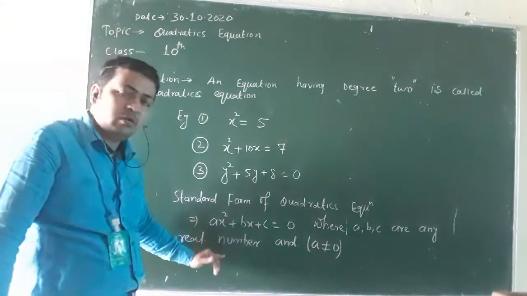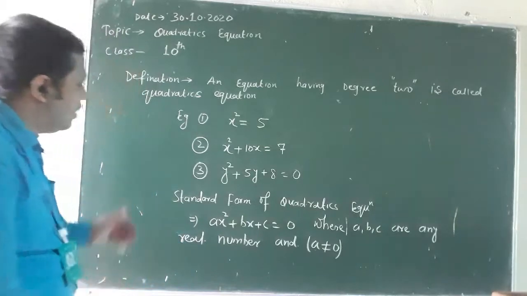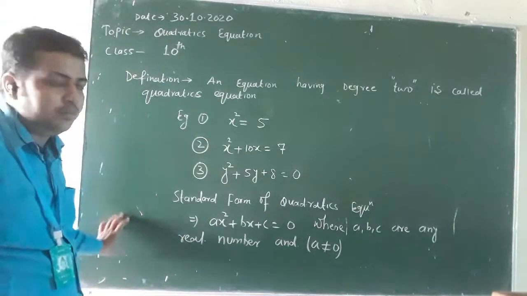That's why a will not be equal to 0. This is the main thing of a quadratic equation.